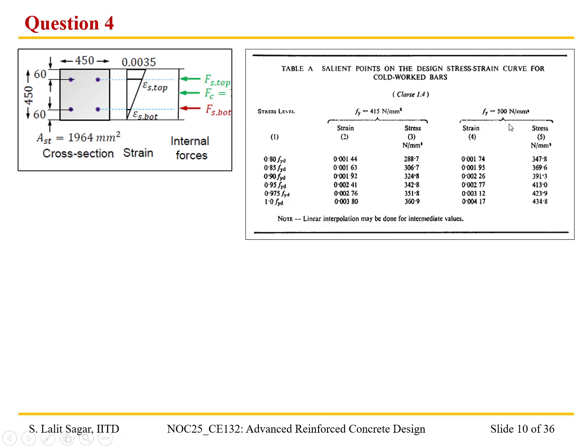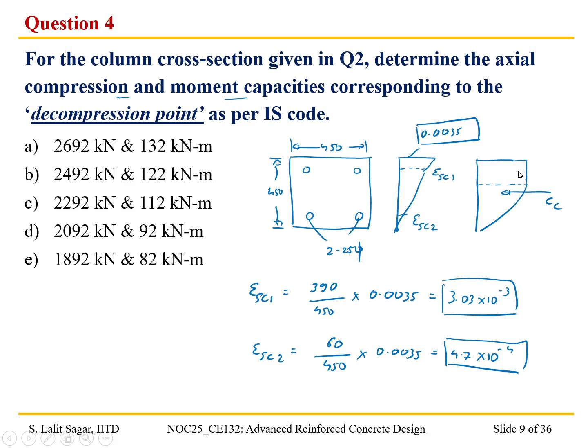For Fe500, we look at the strain value, and based on interpolation of the values given in the table, we can find the stresses. I'm going to write down the values that I got.